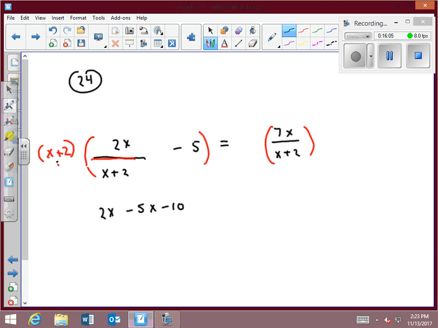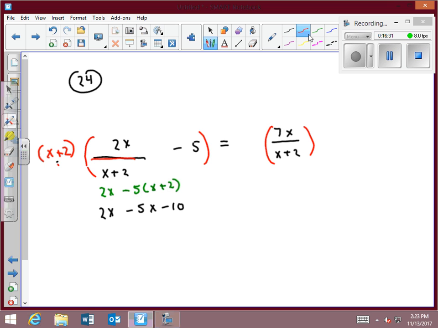If you're afraid of losing signs, then what you better do is do this 2x and go minus 5 times x plus 2. Because it's real easy to lose that sign as a negative in front of that 10. And that'll make your answer wrong.